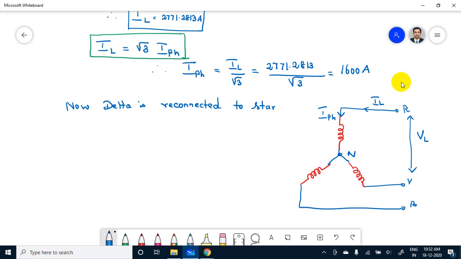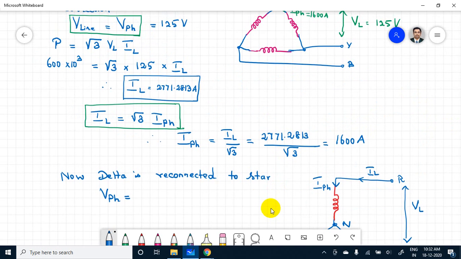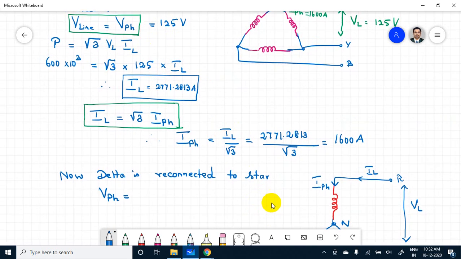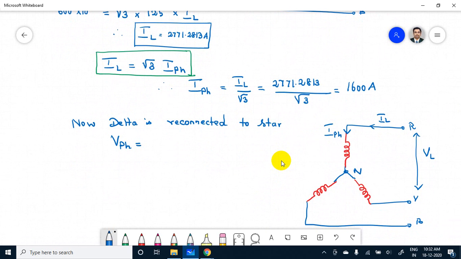Now in delta connection, what is the phase voltage? Because in delta we have measured the phase quantities, right? How much did we measure for V phase? It is 125 volt.